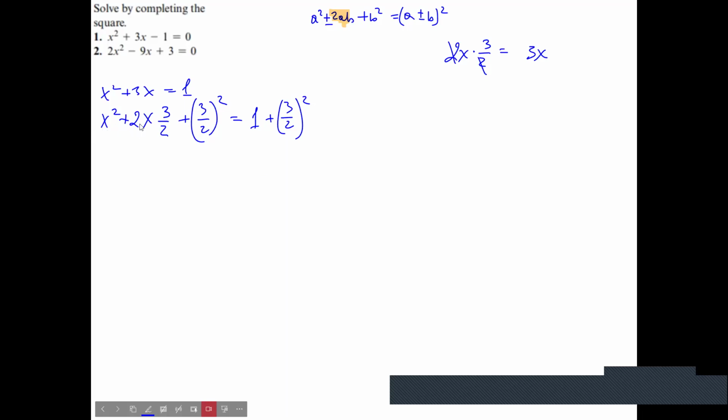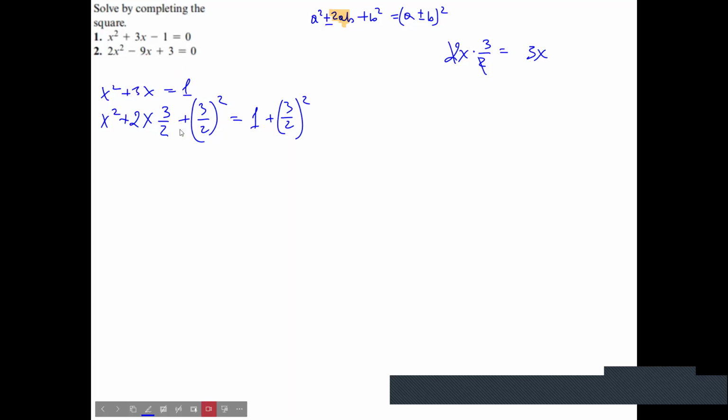X? So 2x. Now, what do I have? 3x? Well, so this 2 is kind of, so 3 over 2. When I simplify as I did here, I still have 3x. So with this manipulation, I didn't change this. Got it?